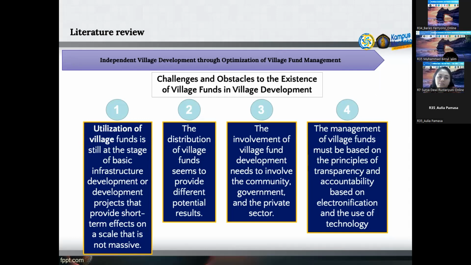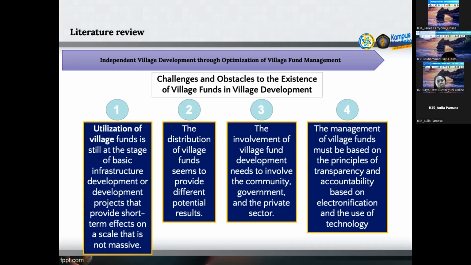In the first place, village fund utilization is limited only to infrastructure. Well, this is acceptable since the condition of each village in Indonesia is really different, especially villages located remotely outside our island. The second is that villages already have a village-owned enterprise, but the business model is not well created.